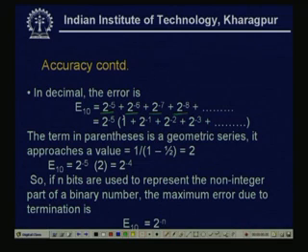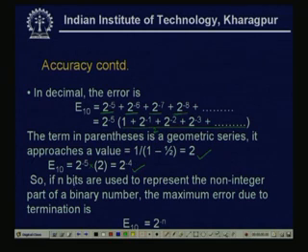This term within the parenthesis is a geometric series, and it approaches a value equal to 1 divided by 1 minus 1 by 2, which is nothing but 2. So, this value within the parenthesis becomes 2, and what will be the value of E10? This is 2 to the power minus 5 multiplied by 2. So, this value is 2 to the power minus 4.